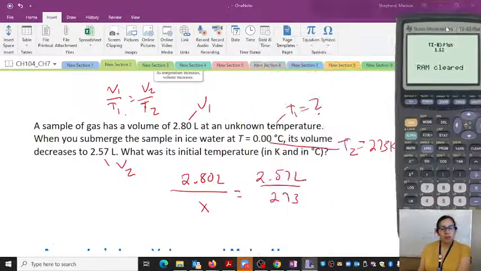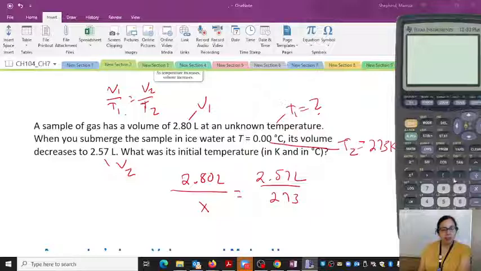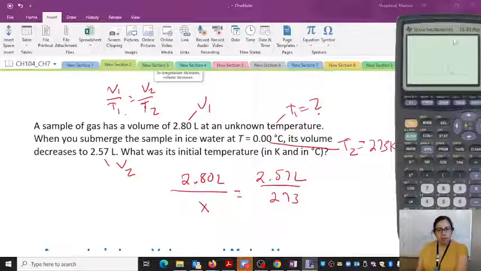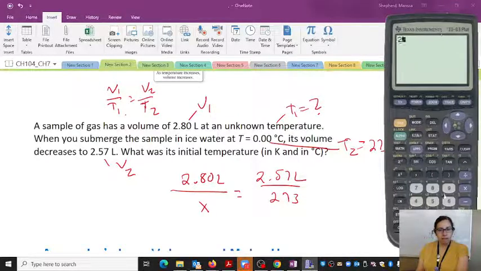There's somebody in class. Did you get an answer? I got 0.0033. Other people get that? Looking for consensus. So let's see. 273 times 2.8 divided by 2.57.